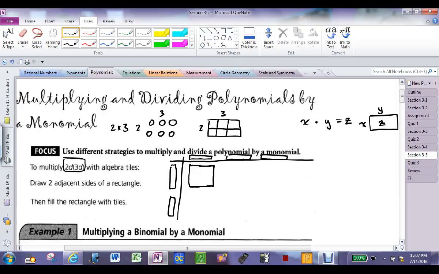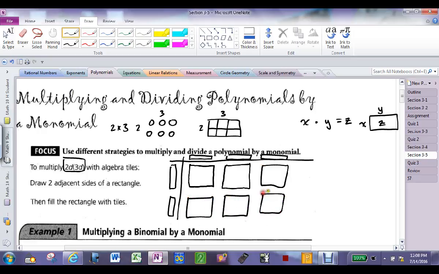Got it? So here that 1 comes out here again, but it stretches all the way out here. Got it? And here, and here, and here, and here. So, what is the answer? 6D squared.